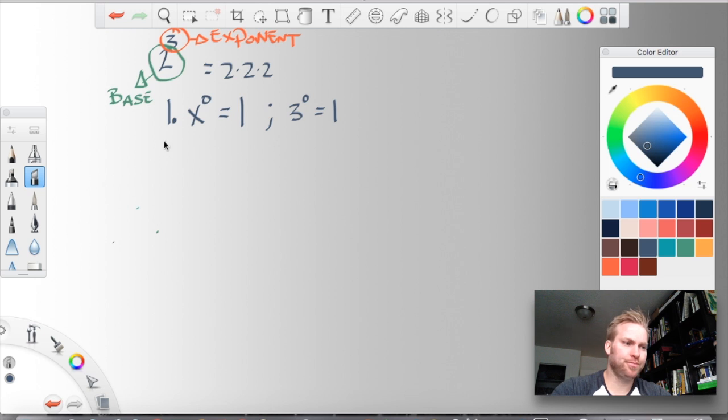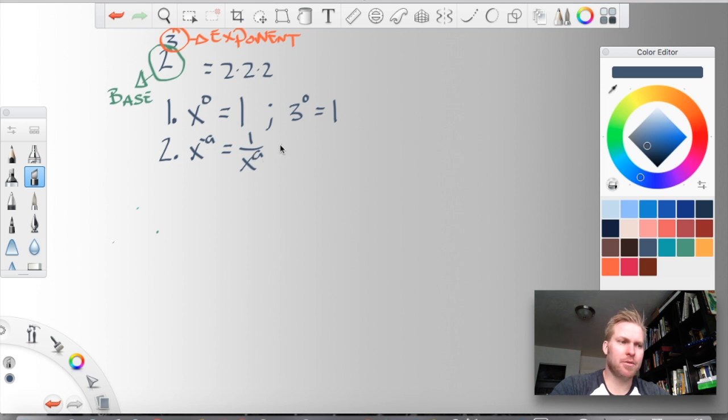Rule number 2 states that any number to a negative power is going to be 1 divided by that number to the same power, only positive. Or in other words, we take this base, drop it into the denominator spot, and make our exponent positive.